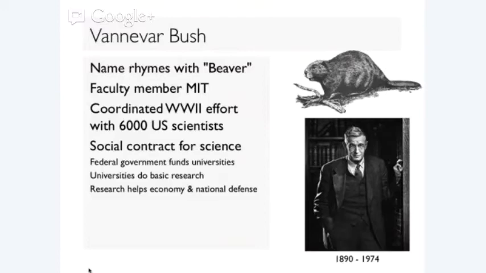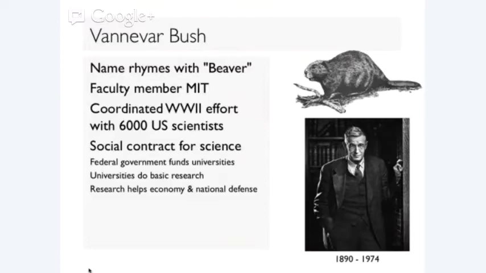And one of the main questions was, after World War II was over, well, what's the role of science now in a peaceful world? And he basically proposed a social contract where the federal government funds universities, the universities do basic research, and there's the expectation that eventually basic research then helps both the economy and national defense.